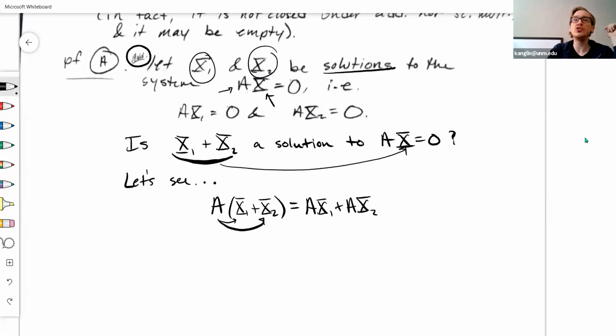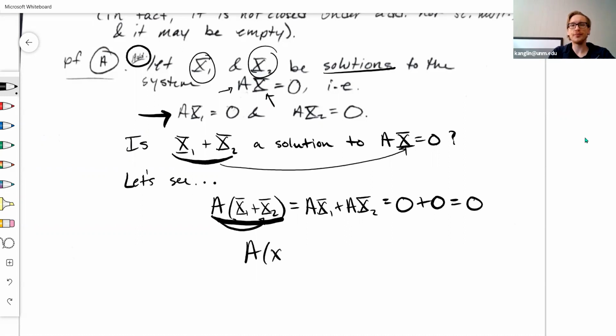But what else do we know? We assumed each of these, Ax1 and Ax2, equals 0. So this is zero matrix plus zero matrix, which equals the zero matrix column. So in other words, what we started with here does in fact equal 0, which means x1 plus x2 is a solution to the homogeneous system.